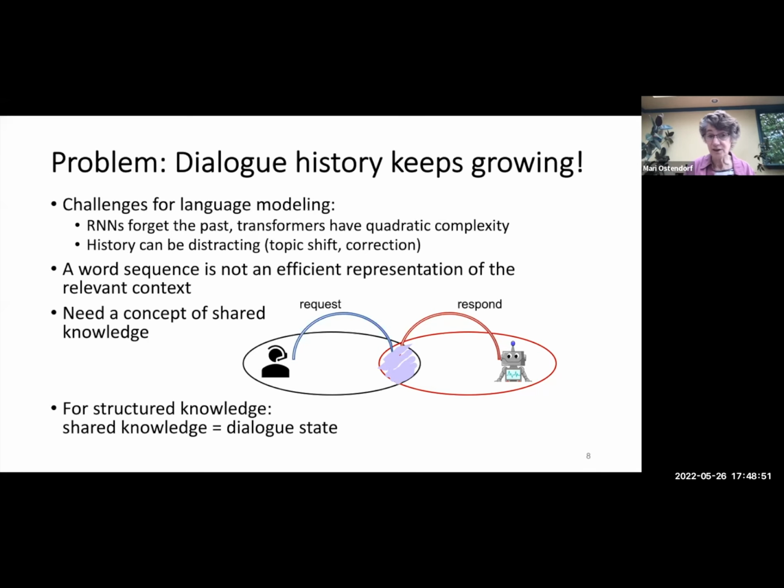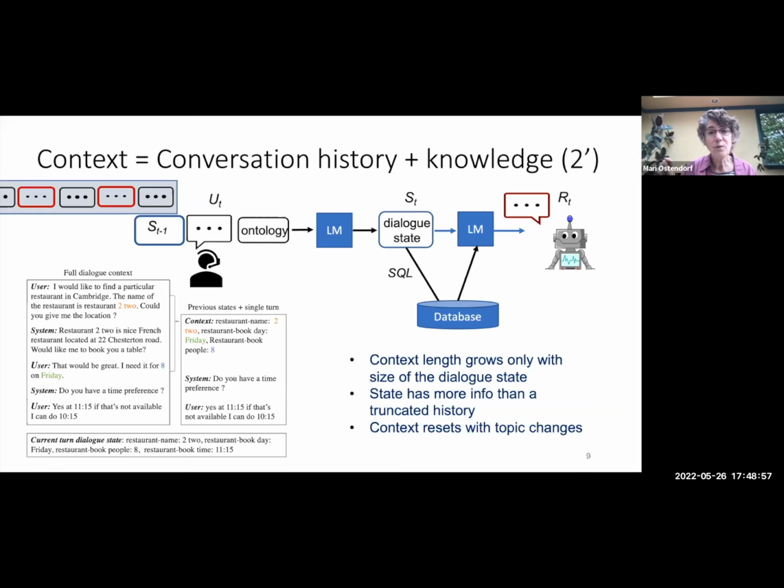For structured knowledge, that shared knowledge is just the dialogue state. So what we can do is take that dialogue state, S_t, that we've predicted, and instead of copying back all of the turns, I just copy the last dialogue state.